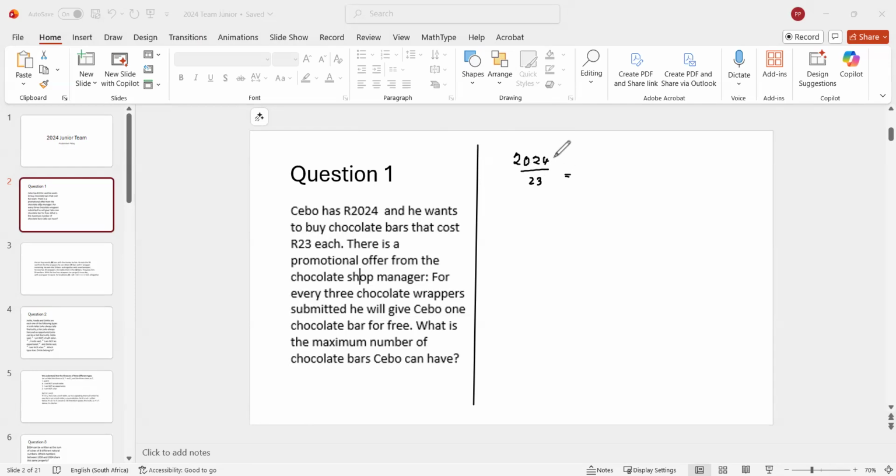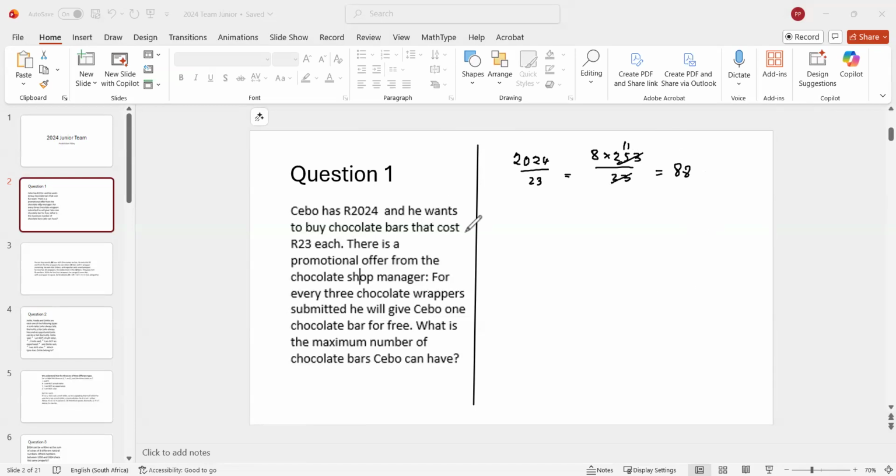So I can see 8 goes into this because the last 3 digits are divisible by 8. And 8 goes into this 253 times. 2 plus 3 is 5. So 23 goes into this 11 times. So you have 88. You can see divisibility by 11 comes in.